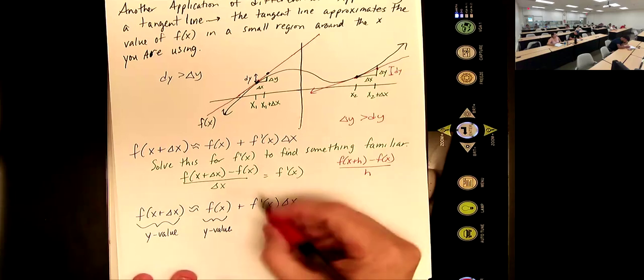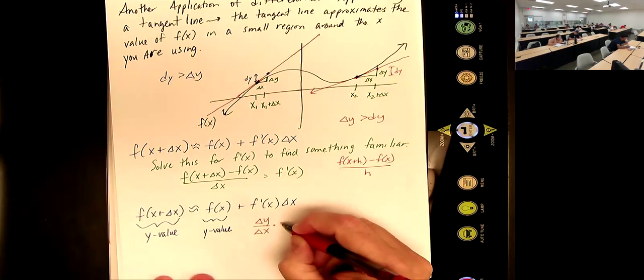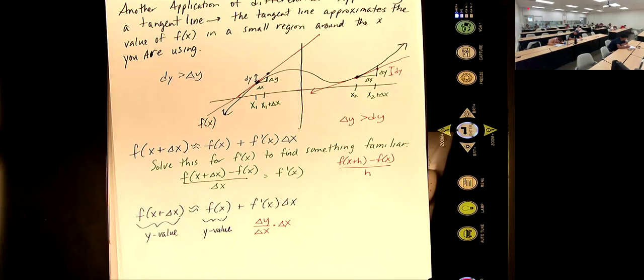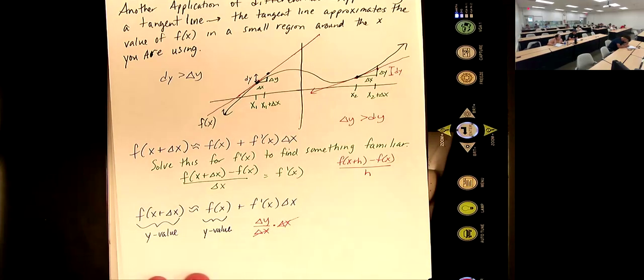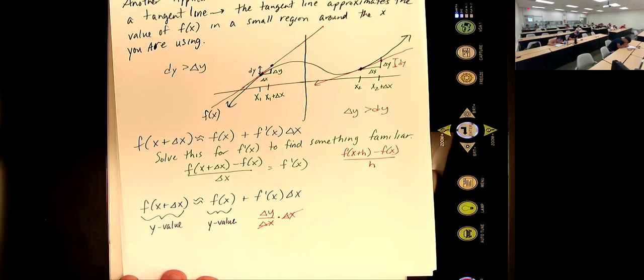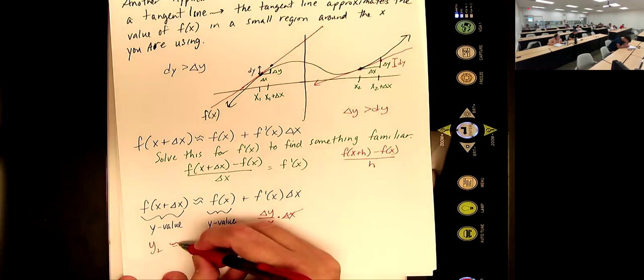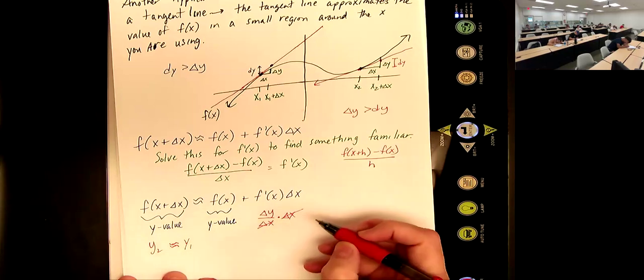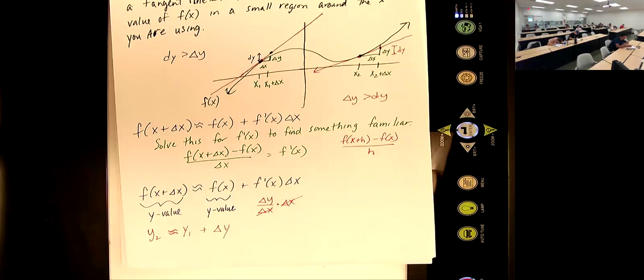But f prime of x is delta y over delta x, and we're multiplying it by delta x, and those cancel. So the y value at y2 is approximately equal to y1 plus some delta y. That's really what's going on here.